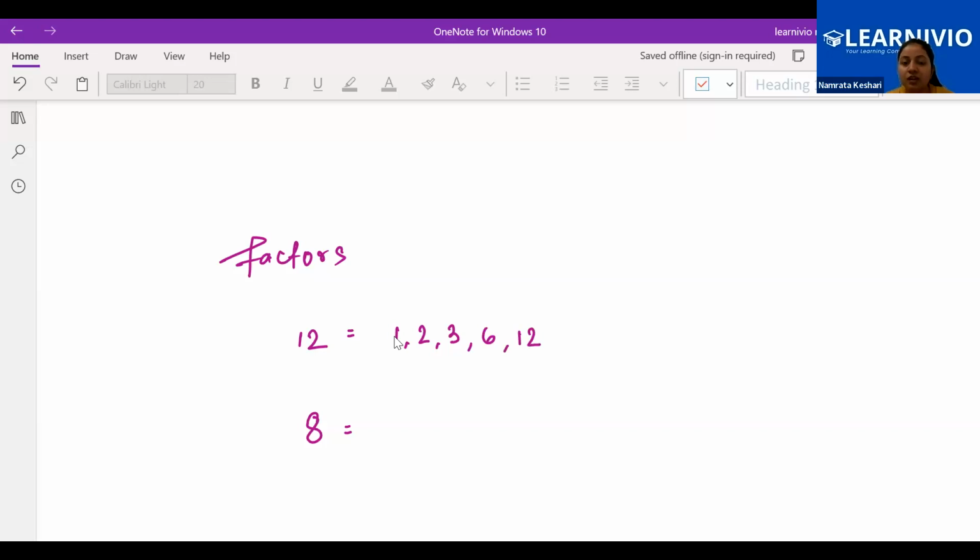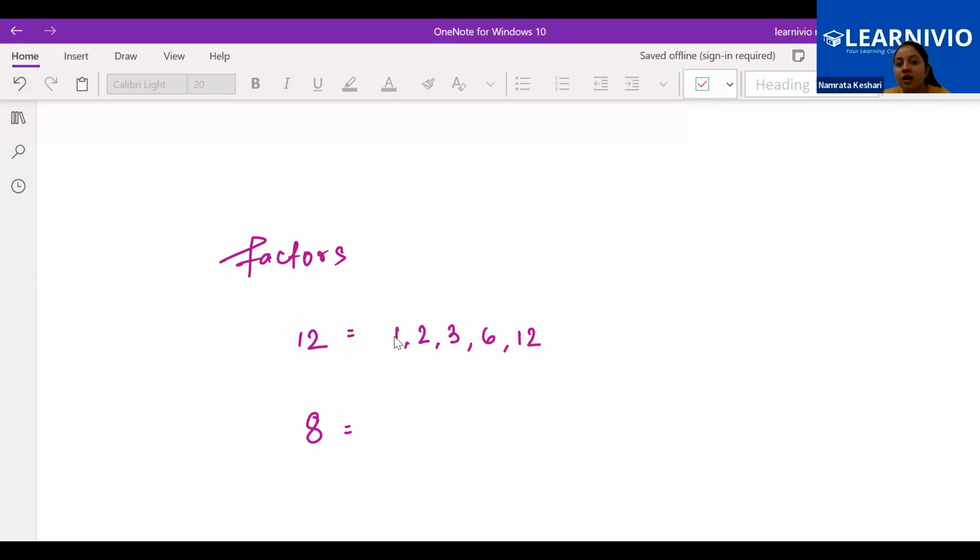So factors means we are searching for a number which can divide 12 completely. Those numbers are the factors of 12. So 1 can divide 12 completely. 2 can also divide 12 completely, the remainder will be 0. 3 can also divide 12 completely. 6 can also divide 12 completely.